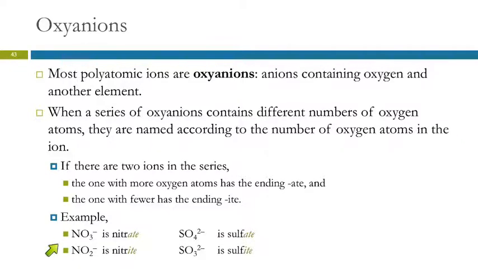If you look at these formulas, one's NO3 with a -1 charge, one's NO2 with a -1 charge. The only thing that's different is how many oxygens there are. The number of nitrogens is the same, the charge is the same. In the name, the only thing that's different is the third to the last letter, nitrate or nitrite. Okay? Here we have sulfate and sulfite.